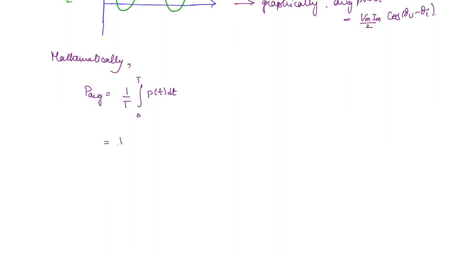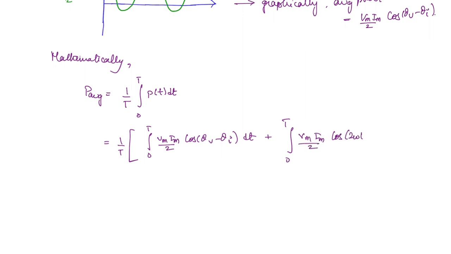So what are the two terms that you have here? Integral 0 to T Vm Im by 2 cos(theta v minus theta I) dt plus integral 0 to T Vm Im by 2 cos(2 omega t plus theta v plus theta I) dt.